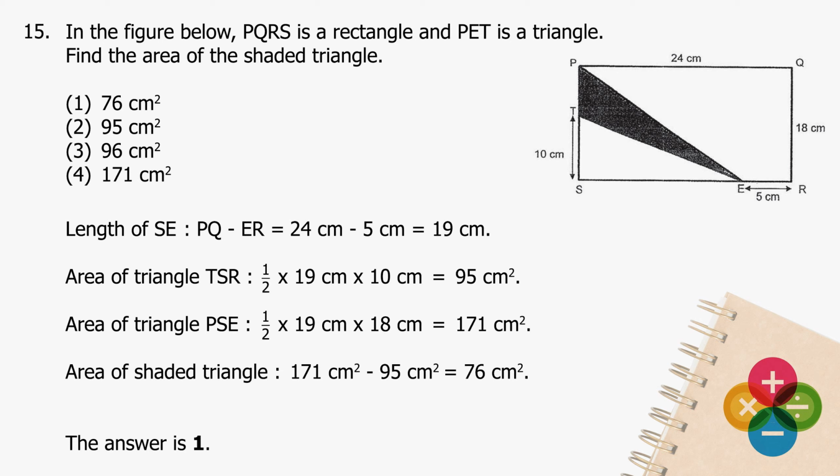The area of triangle PSE will be multiply 1/2 by 19 cm, and by 18 cm, and the product is 171 square centimeters. The area of shaded triangle will be subtract 95 square centimeters from 171 square centimeters, and the difference is 76 square centimeters. The answer is 1.